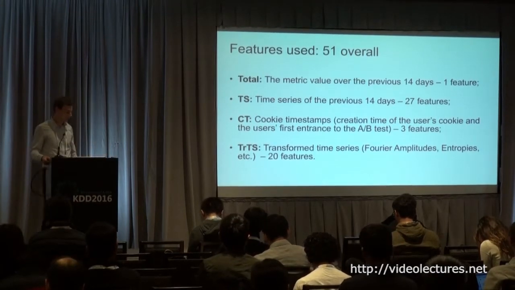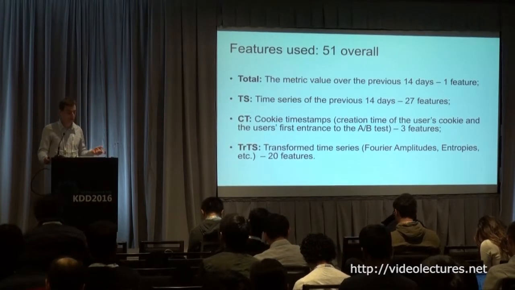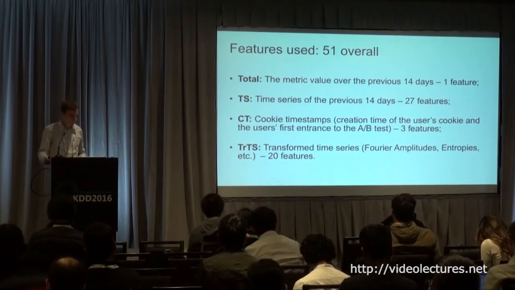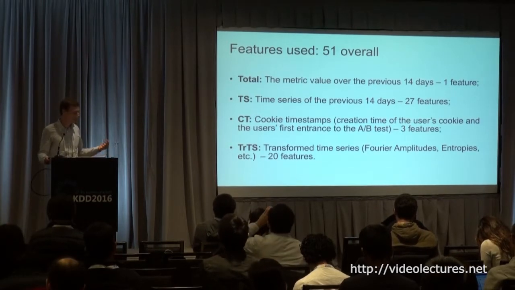Next, we considered time series of daily values of this metric during this previous 14 days period, and also cumulative values. So overall, we have 27 features.